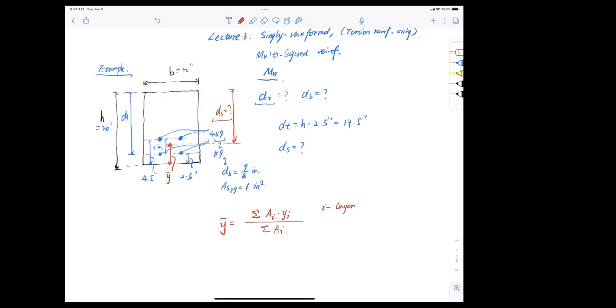Oh Bob, this is too much. Can you be more specific about the area of each layer? Yeah, sure I can.